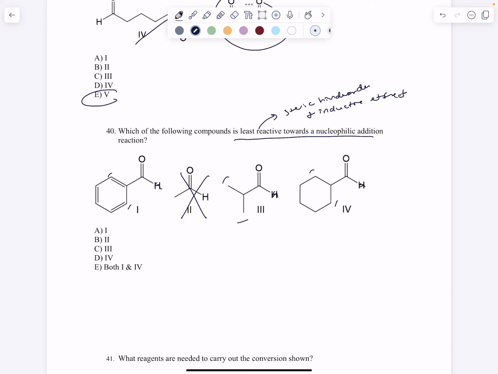And this is also a similar shape, and it also is donating electrons. But I think this has a resonance structure in addition to just inductive effect, where we are able to move the positive charge around the ring so that we don't have a positive charge concentrated on that carbonyl carbon, which makes it less electronically attractive. So I think answer choice 1 is the least reactive.